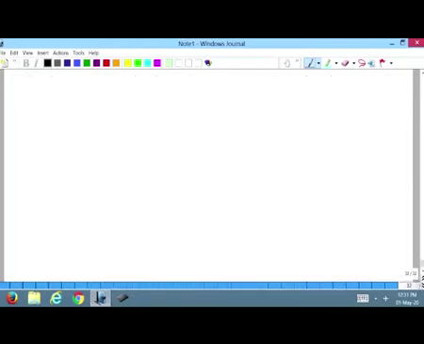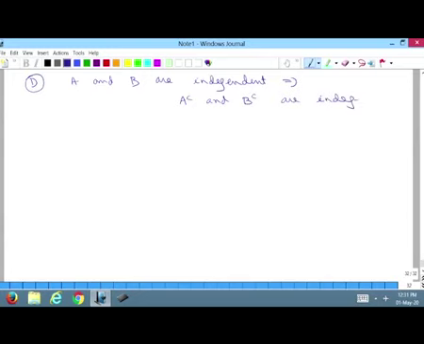What about D? A and B are independent implies A complement and B complement are independent.